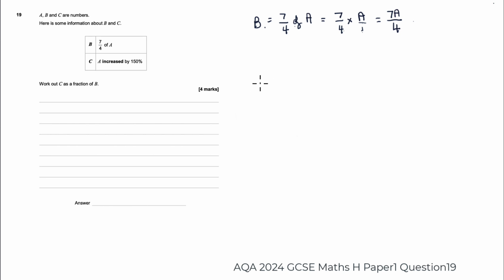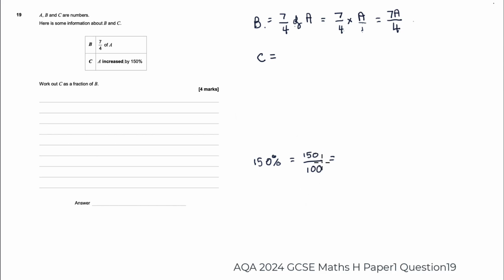Now, let's have a look at C. This is interesting because A increased by 150%. Now, just a wee talk about 150%. That's 150 over 100.